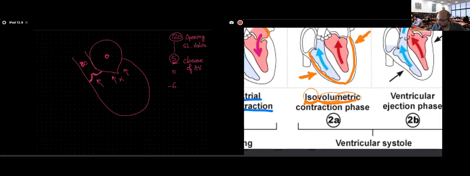So this is the contraction phase during which there is a constant volume of my ventricle. There is no volume change. Why? Because you didn't reach enough pressure of the blood to open the semilunar valve.